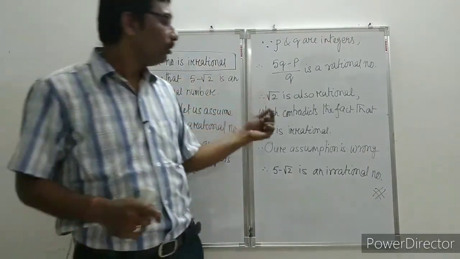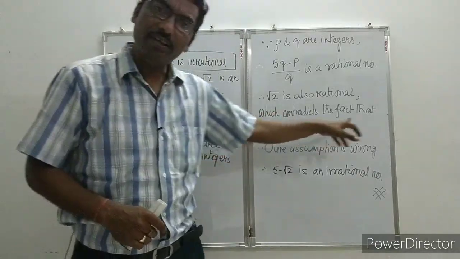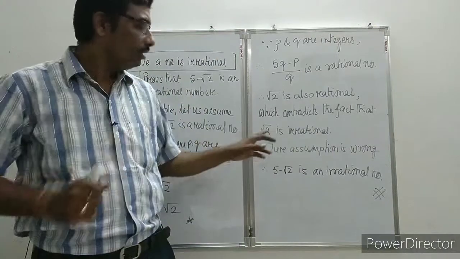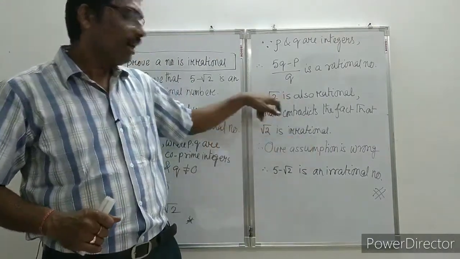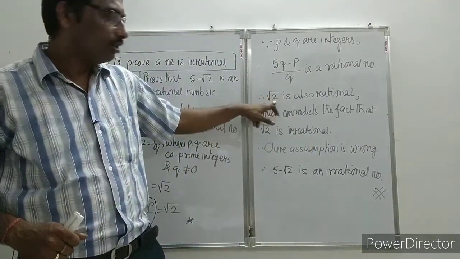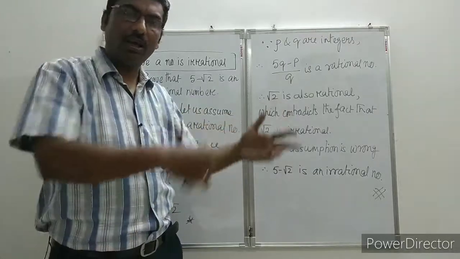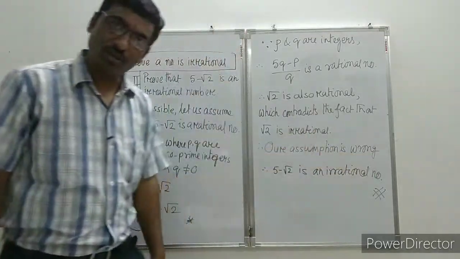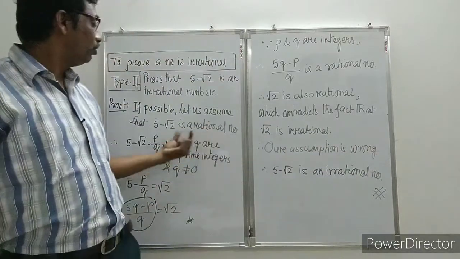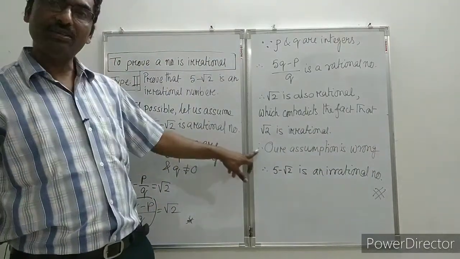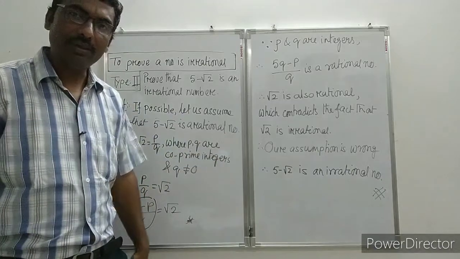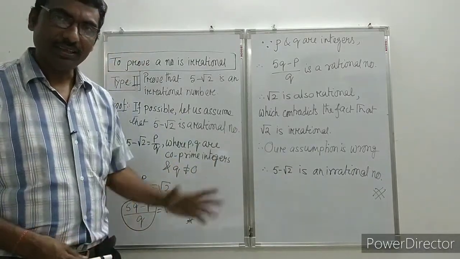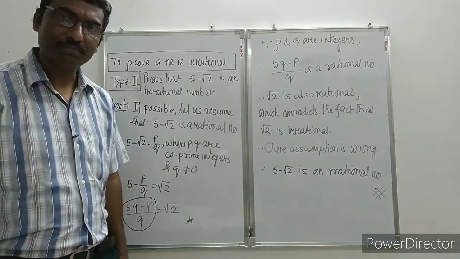So that's why we are writing, which contradicts the fact that root 2 is irrational, because originally root 2 is irrational and here we are getting rational. So that contradicts our assumption. That means what we have assumed is wrong. So if we have assumed it is rational and it is wrong, what type of number is it? It is an irrational number. Okay, this is the second pattern.